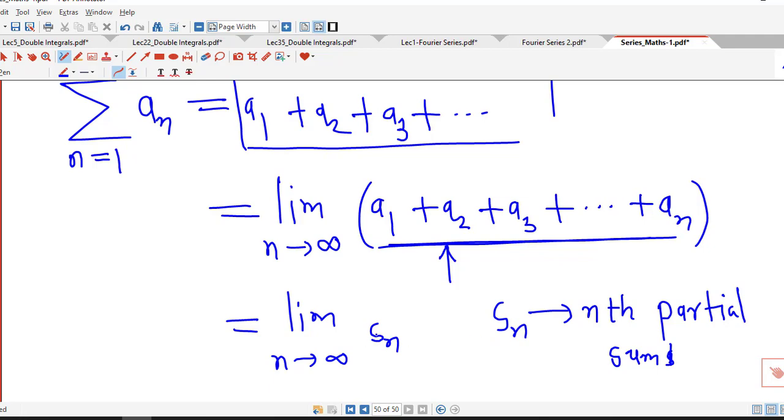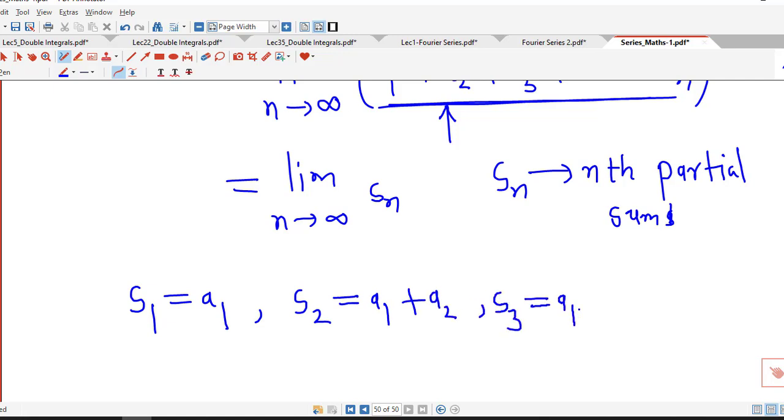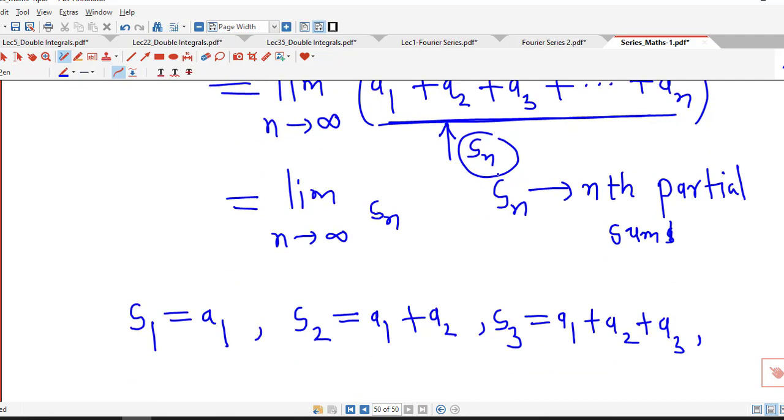If we consider S1, then we are writing the first term of the series. S2 means the sum of the first two terms of this series. S3 means the sum of the first three terms. And in general, Sn is nothing but the sum of the first n terms of this series.